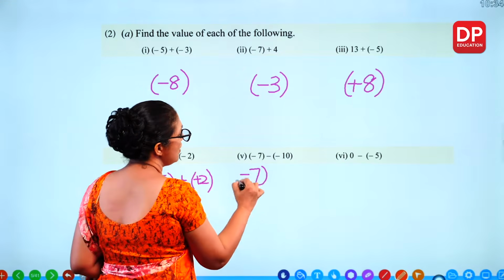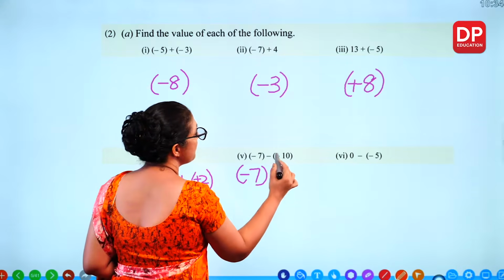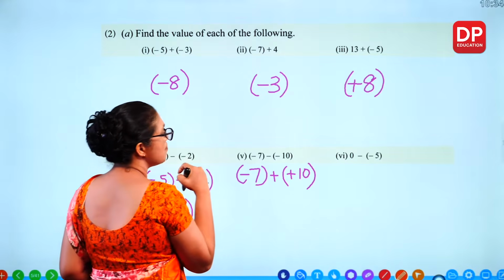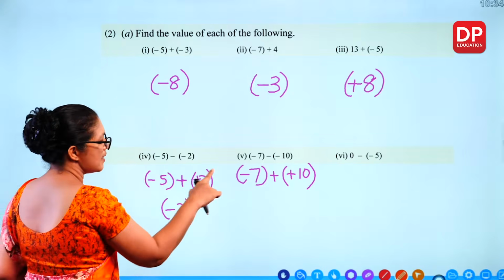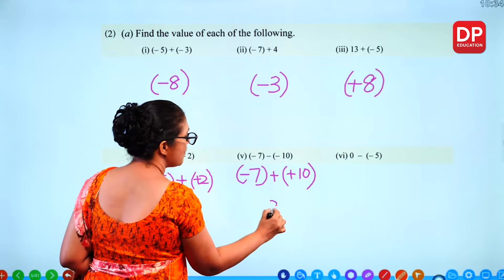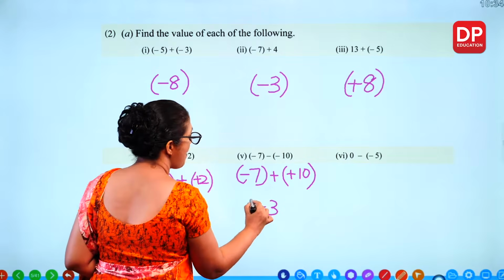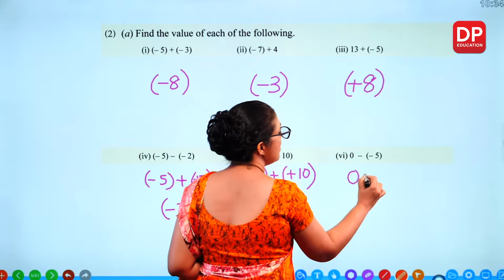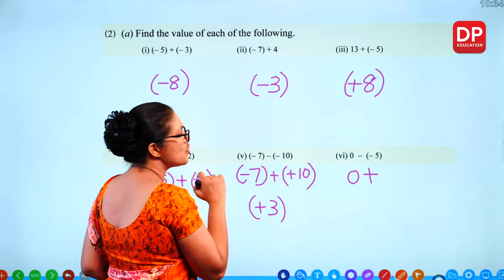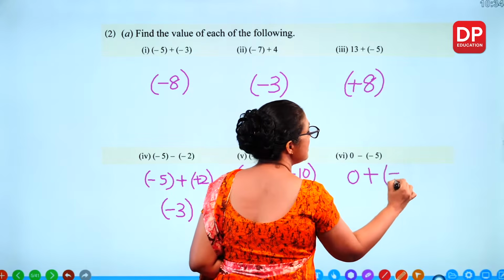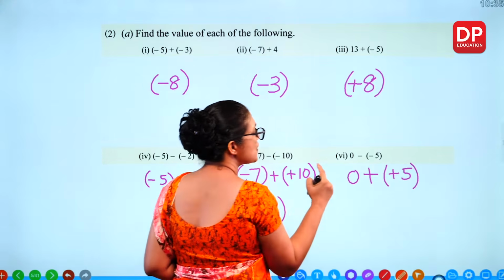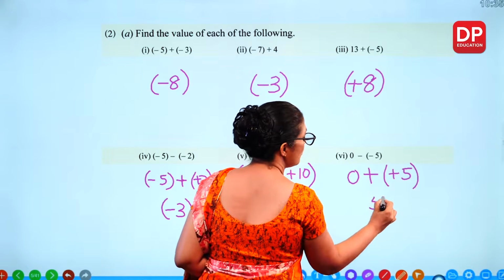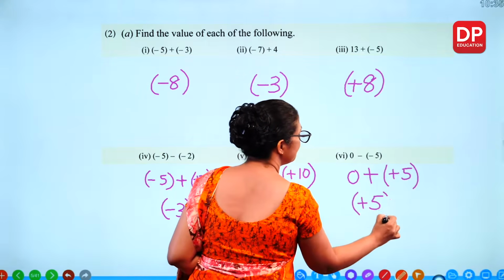Convert to addition by taking the additive inverse of minus 10, that's plus 10. Different signs, take the difference and put the sign of the bigger number. Here again you can write as addition by taking the additive inverse of minus 5, that becomes plus 5. So here adding you get plus 5.